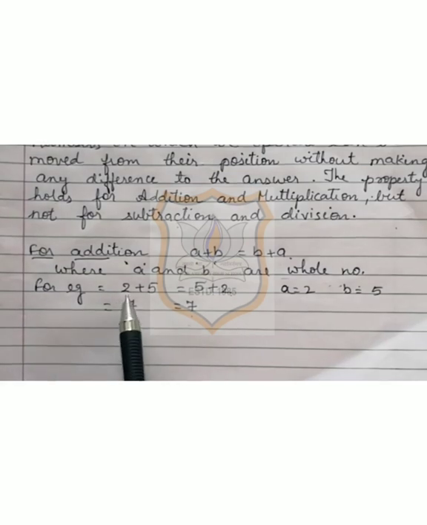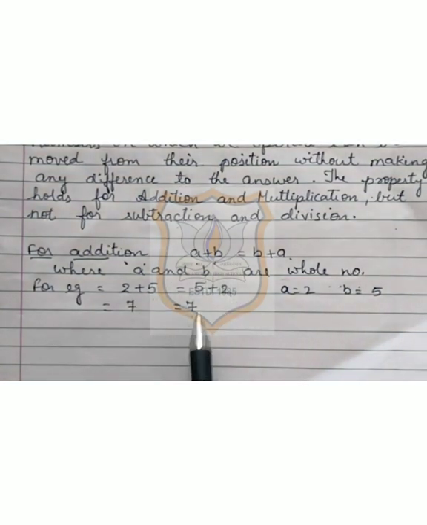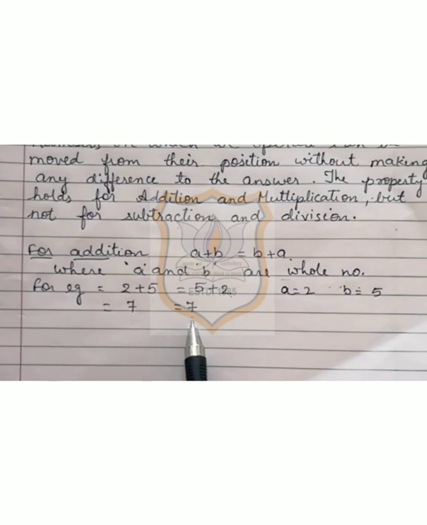For example, if the value of a is 2 and the value of b is 5, so if we add 2 and 5, we get the answer 7. And if we change the position of these numbers, then also answer will be same. By changing the position, if we are adding 5 plus 2, we get the answer 7. So commutative property holds good for addition.